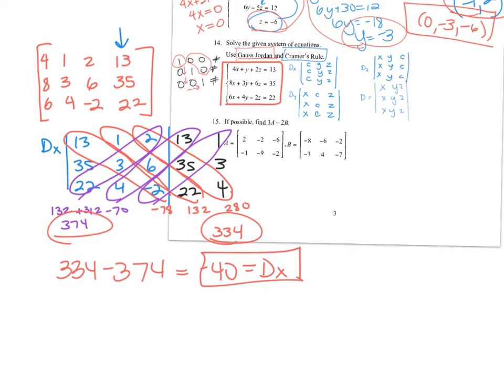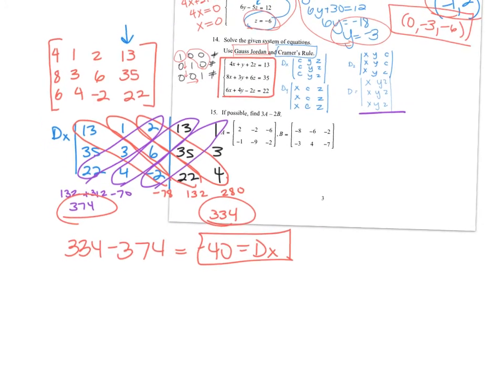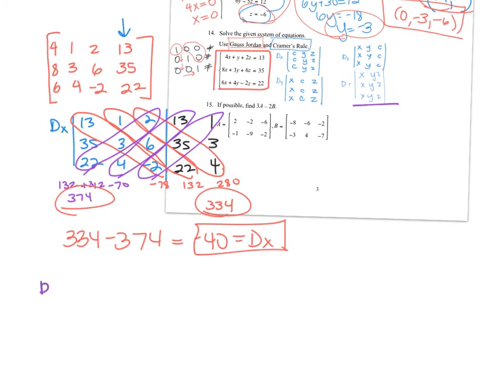I would go through the same process to find d sub y and d sub z, and then I have to put them all over whatever d is, so I'll do d real fast. D is just the x's, y's, and the z's. Repeat your first two columns again. Be really careful with your signs because that's how a lot of people make mistakes.